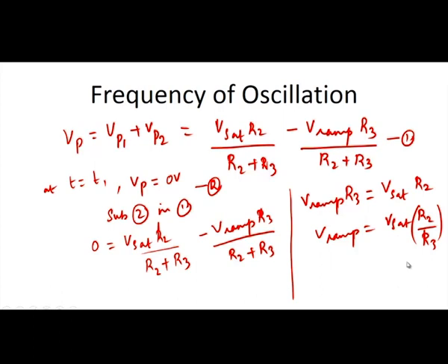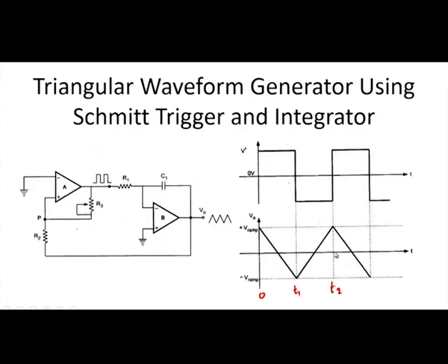This is the magnitude of V ramp at either side of the reference voltage. At either side of the reference, the value of the triangular waveform will be V ramp is equal to R2 by R3 into V saturation.